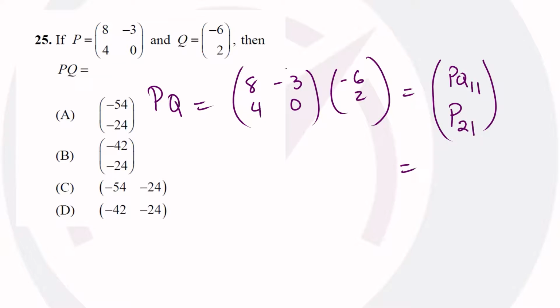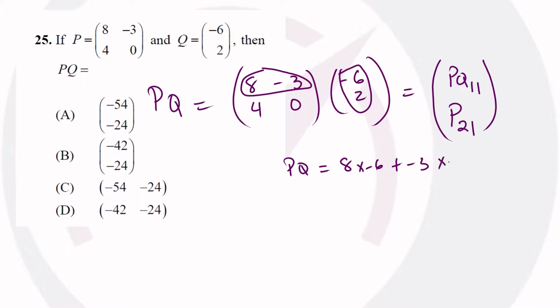Now we can multiply the elements and add them. So how do we work this out? We're working out row 1 by column 1. Let me give it some space because I'm going to need this space to show the working out. For PQ row 1, column 1, we have 8 times -6 plus -3 times 2.